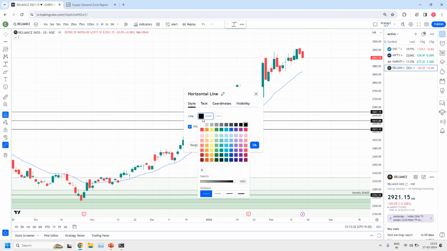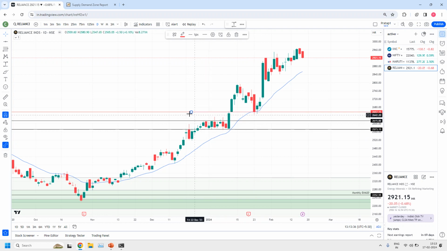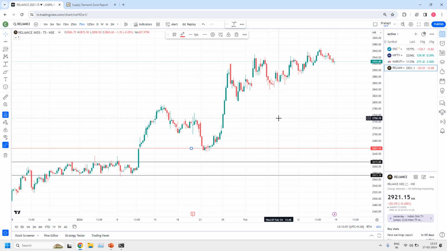Okay, let us assume this red color line is the daily EMA. So near this, a little below or a little above, we should identify a zone. So for that, I am going one time frame below, that is 75 minutes.